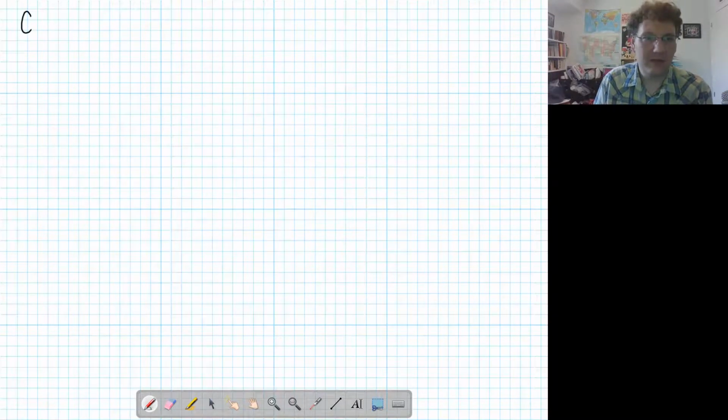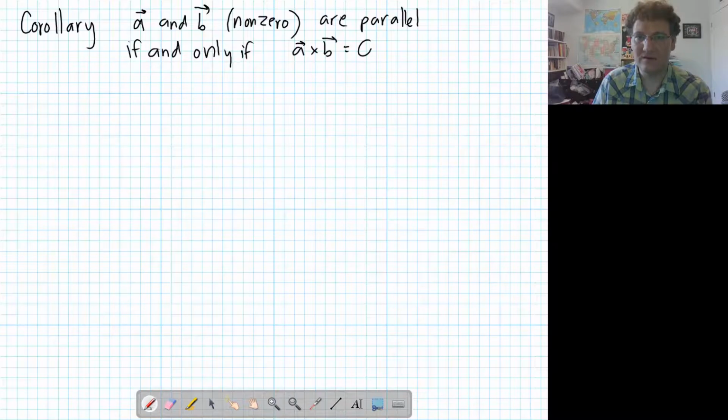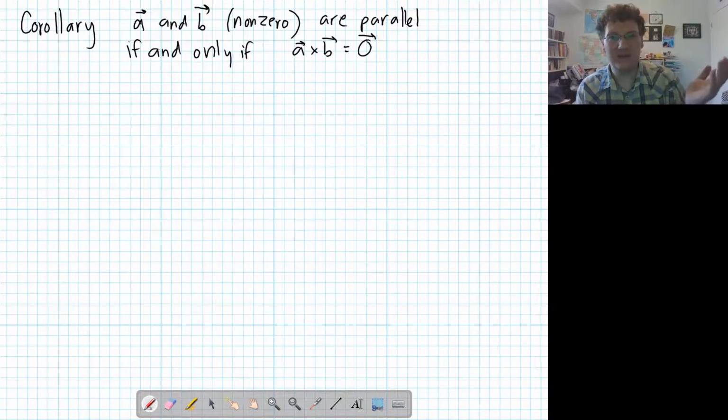Here's a corollary from that. Non-zero vectors A and B are parallel if and only if A cross B is the zero vector. This is also what it would mean in the determinant: basically one vector is a scalar multiple of the other.